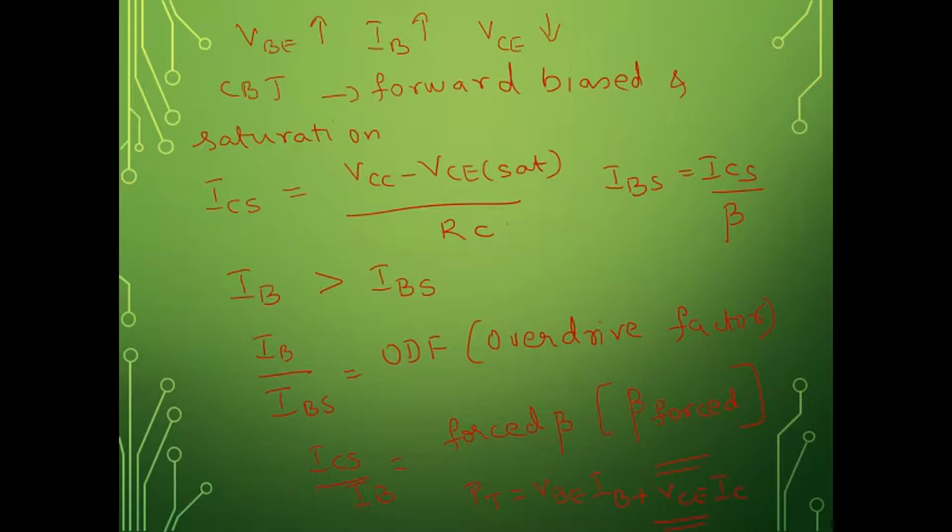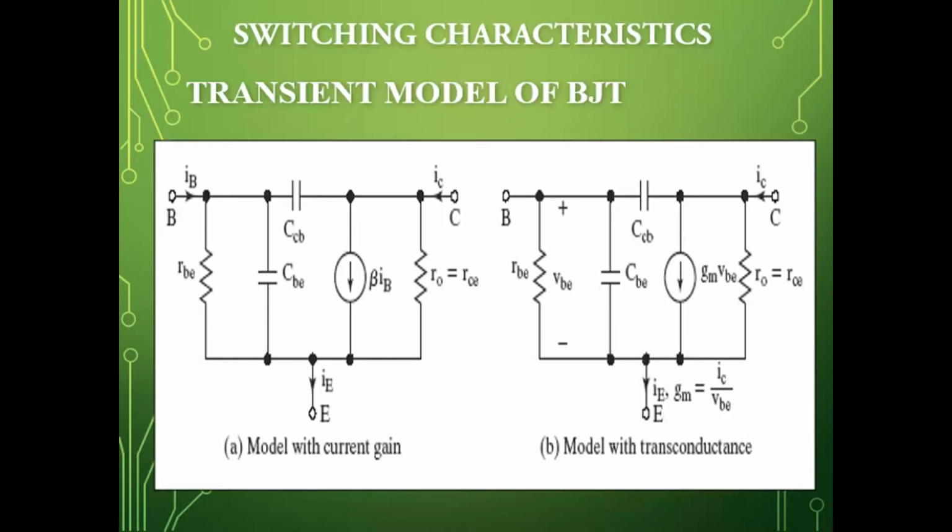Now let us look into the switching characteristics. As you can see here, this is the transient model of the BJT, wherein you can observe the junction capacitances which we usually don't consider. We have two junction capacitances here, collector to base and base to emitter.